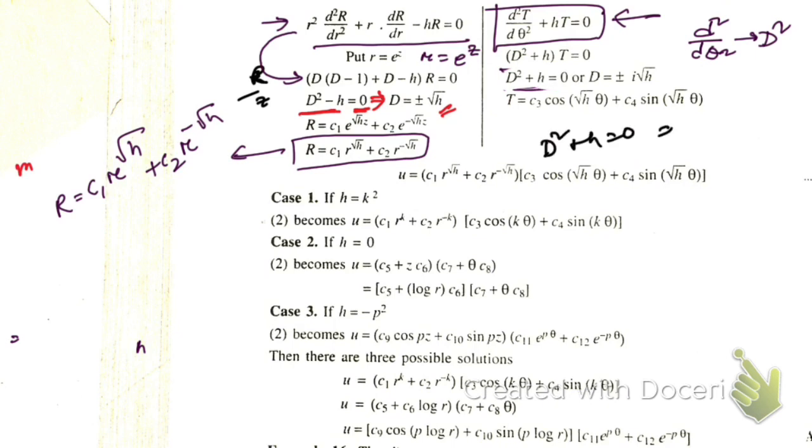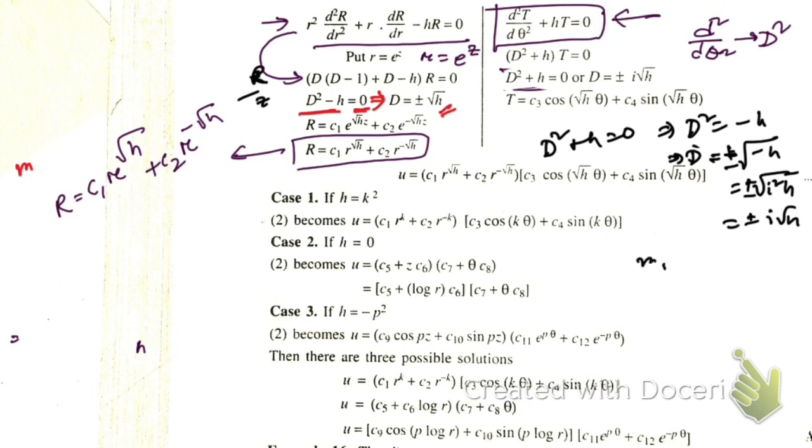Then D square must be equal to minus h, and if you take the square root, then that's going to be root over minus h, which is nothing but root over i square into h. I square is minus 1, so it is i root h, and there should be a plus minus as you are taking the square root, right? D is equal to plus minus i root h.